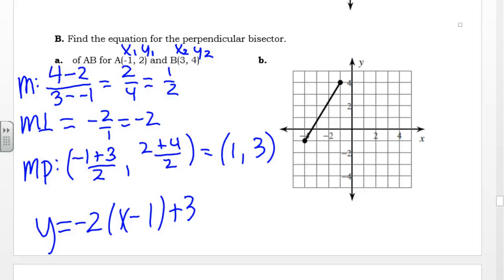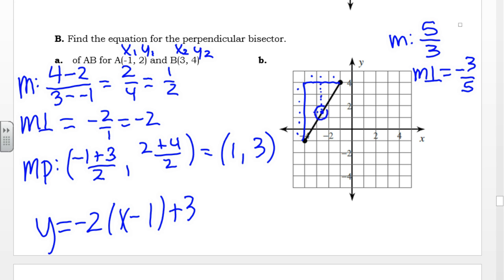We're going to do another one off of the segment that's graphed rather than the coordinates. So first I need my slope. If I rise and then run, that's 1, 2, 3, 4, 5, 1, 2, 3. Rise over run. My perpendicular slope would be -3/5. I need my midpoint, because this is 3 over, I'm going to go 1.5 over. And this is 5 up, I'm going to go 2.5 up.